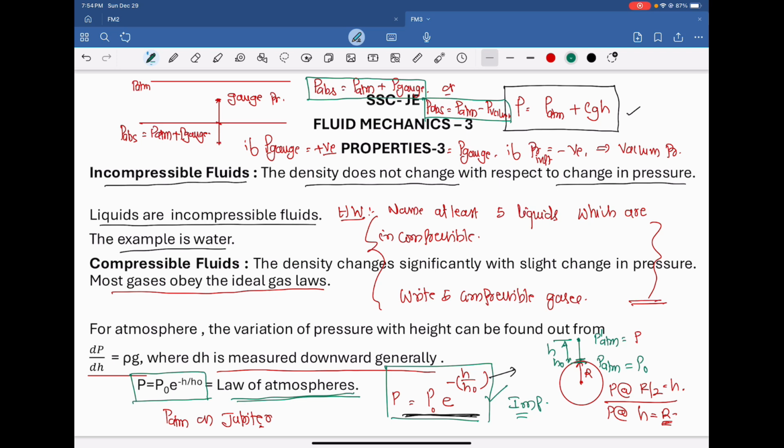Pressure measurements is a very important topic, not only from the point of view of fluid mechanics; in soil mechanics also these pressure measurements will be useful to you. Whatever concepts we are getting in pressure now will be useful for your calculations in soil mechanics.